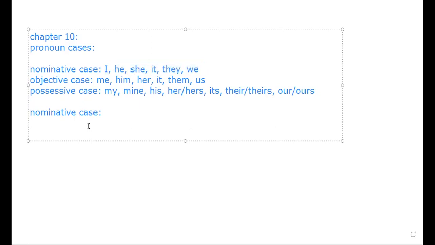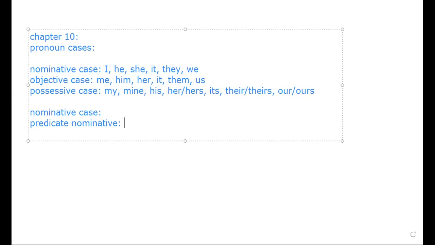What is the nominative case? The nominative case flows under two ideas. The first one is when you have the pronoun used as a predicate nominative. If you have a predicate nominative used as a pronoun, you need to use the nominative case, which is I, she, he, it, they, and we.